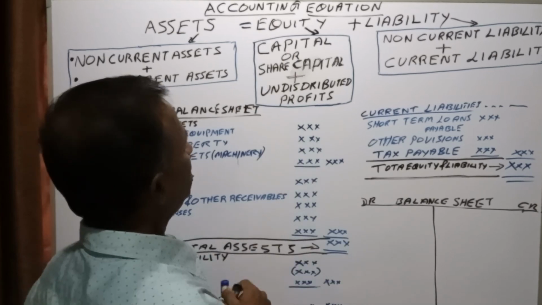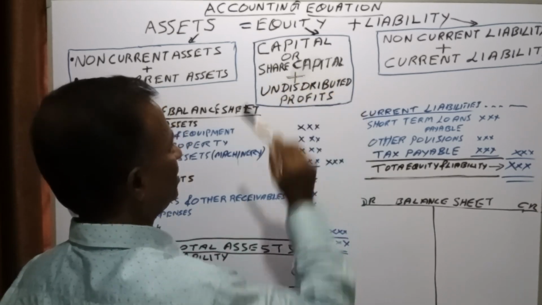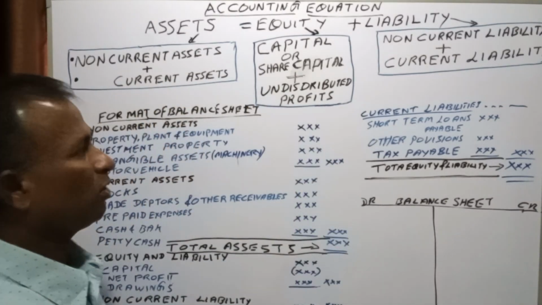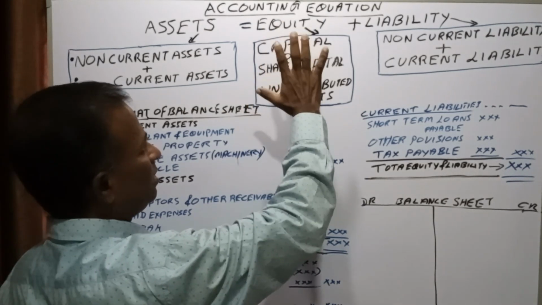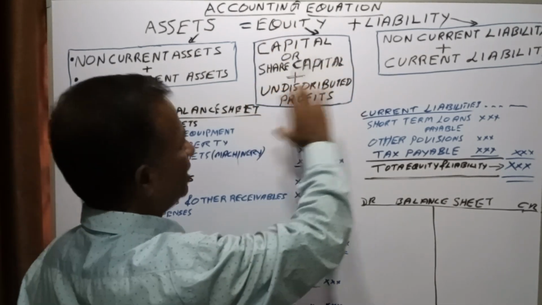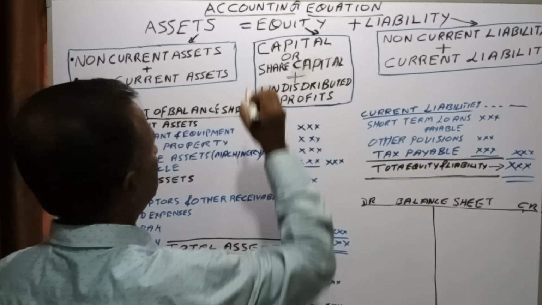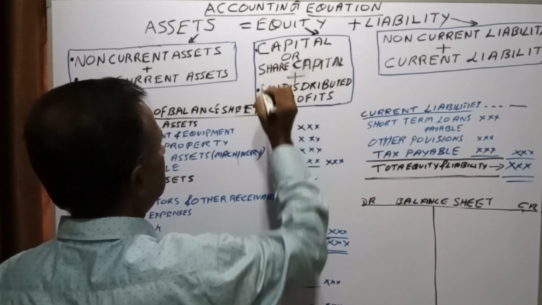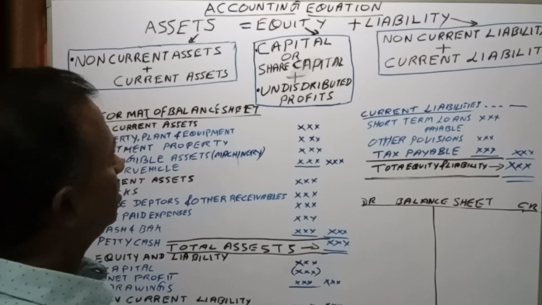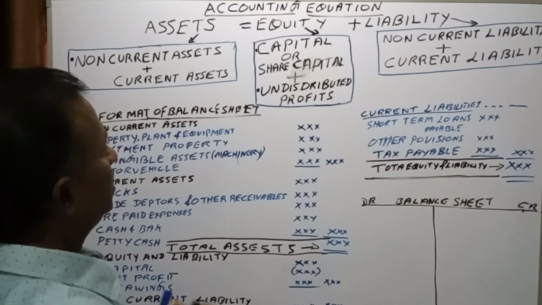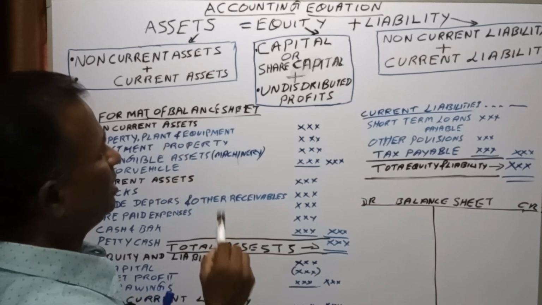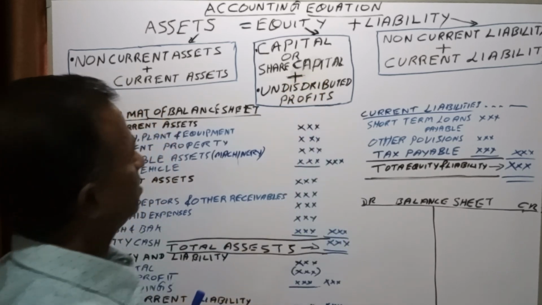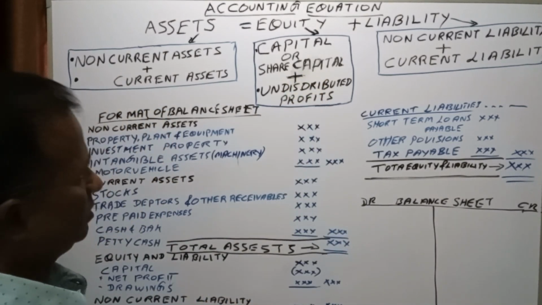Here equity is capital or share capital plus undistributed profits. Capital or share capital is one item, and undistributed profits is the other item.